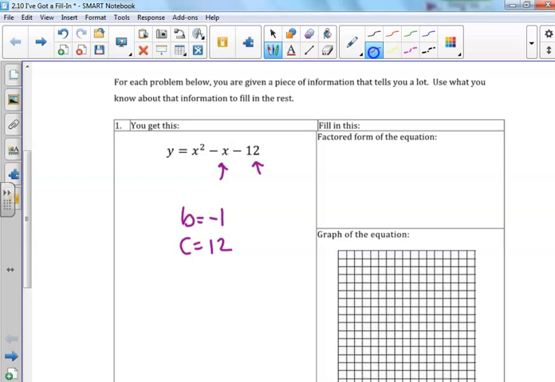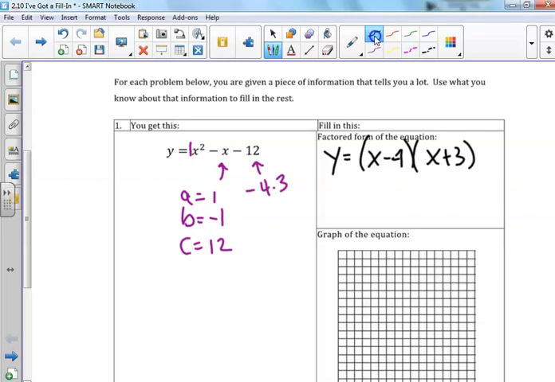Remember that when your a value, the number in front of x squared, is 1, this will always work. So two numbers that multiply to -12 and add to -1 are -4 and 3. Therefore, our factored form would be y equals x minus 4 times x plus 3.